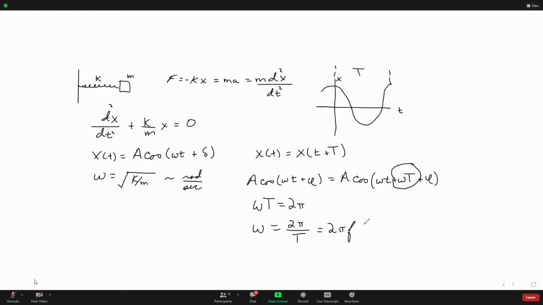And f usually is given units of either hertz or cycles per second. So let's write that down. Omega is in radians per second, and f is hertz or cycles per second.